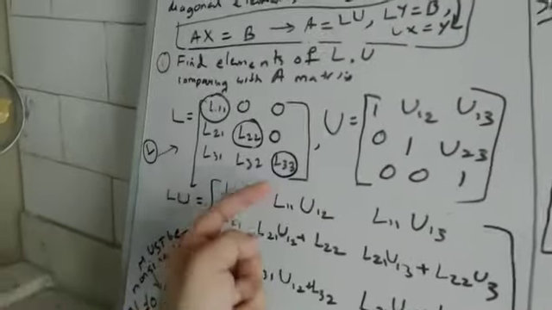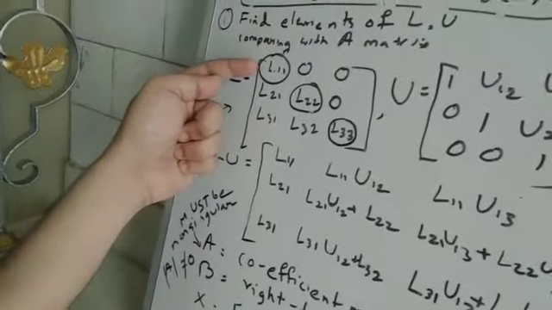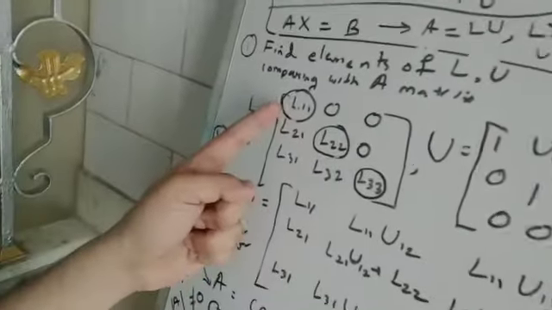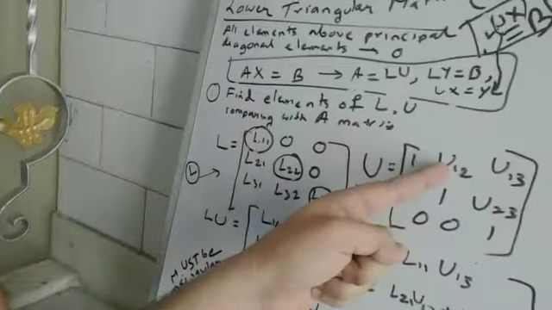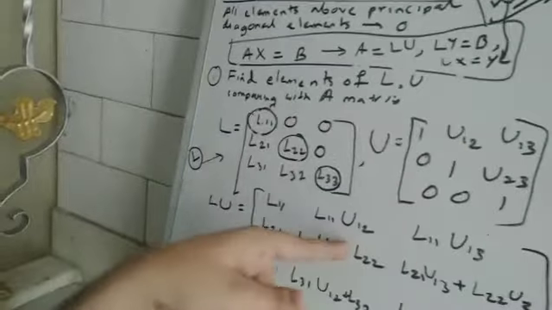What is LU? We simply need to multiply these two matrices. If you multiply these matrices, you will get this one. I hope you know matrix multiplication, in this way and in this way. So L11 into 1, then 0, all zeros. So L11. For this case, L11 into U12 and all the rest will be 0.